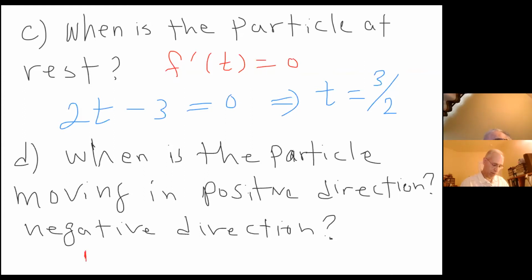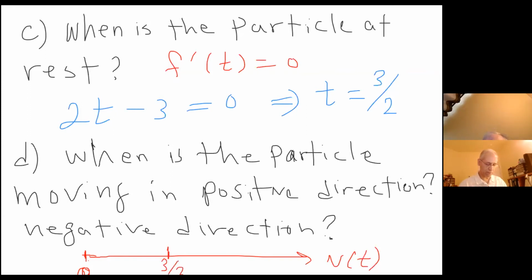So let's say starting from 0, because we decided to start from 0, and keep going all the way. And let's say that is going to be v of t, which is the same as f prime of t. And we know that at 3/2 the particle is at rest.